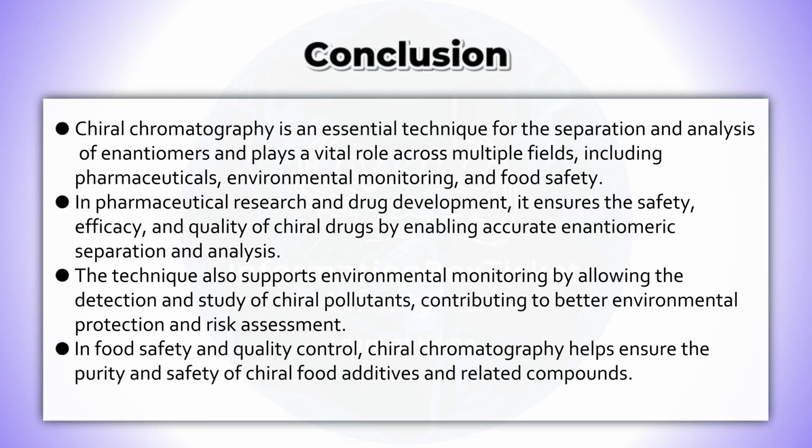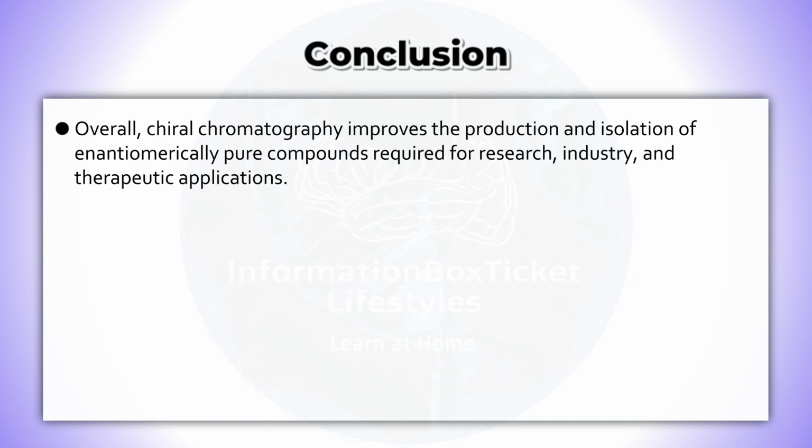In food safety and quality control, chiral chromatography helps ensure the purity and safety of chiral food additives and related compounds. Overall, chiral chromatography improves the production and isolation of enantiomerically pure compounds required for research, industry, and therapeutic applications.